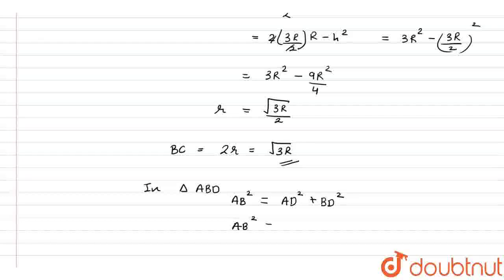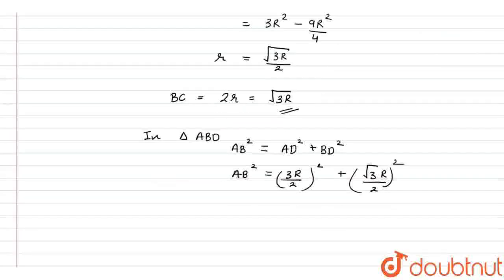AB square is equal to, we have AD as h, and the value of h is 3R divided by 2 whole square, and we have the value of BD as under root 3R divided by 2. This is also whole square. After simplifying it, we get 9R square divided by 4 plus 3R square divided by 4.